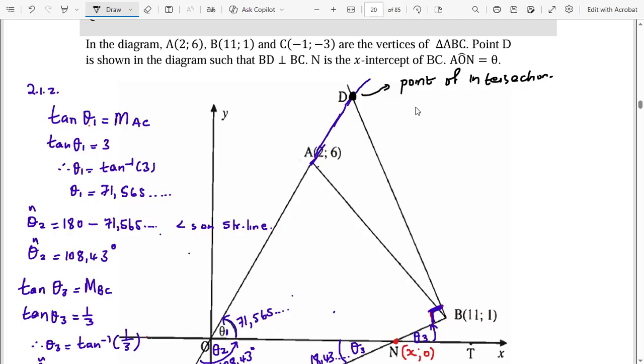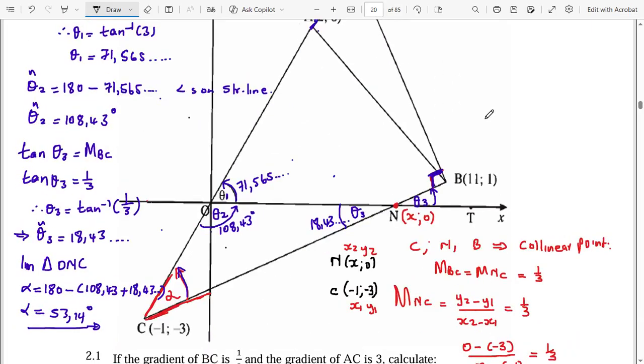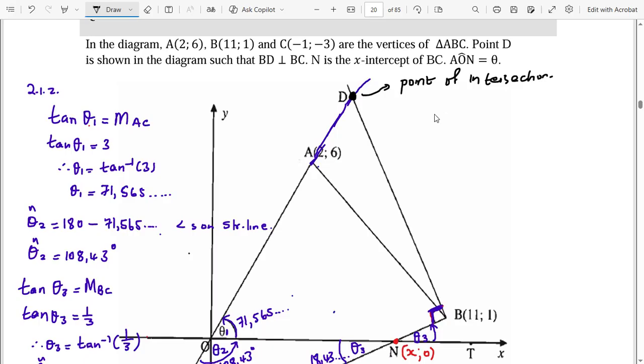So I need to find the equation of AC, and equate that to the equation of BD. Then after equating the two, I can find the x value there, and then use one of the equations to find the corresponding y value.